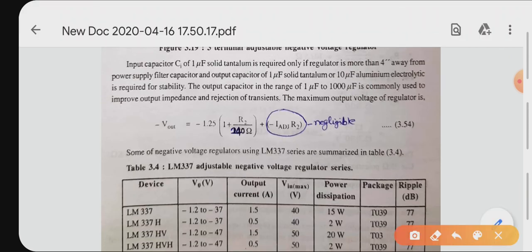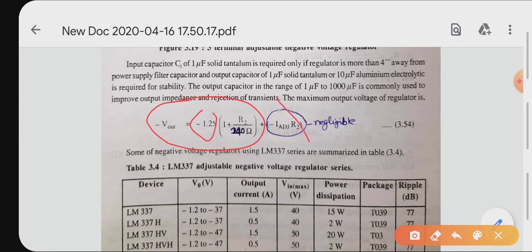This formula: minus V out is equal to minus 1.25 in bracket 1 plus R2 by 240 ohm. That means the value of R1 is also fixed, 240 ohms, and VR1 is the reference voltage, which is also fixed, equal to minus 1.25 volt.